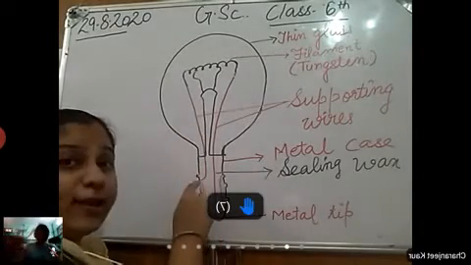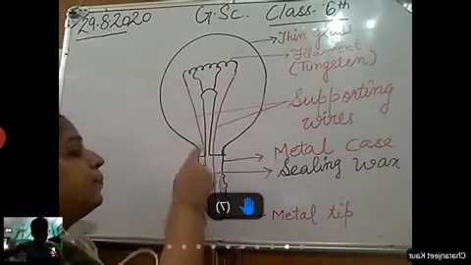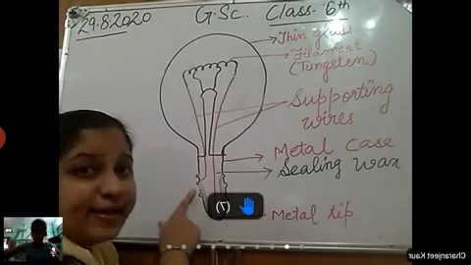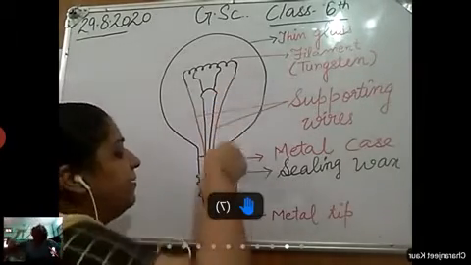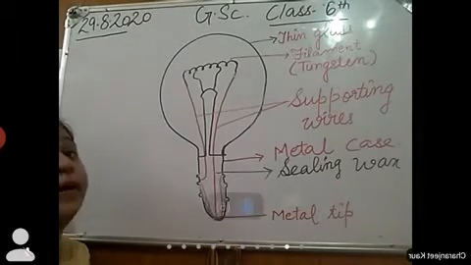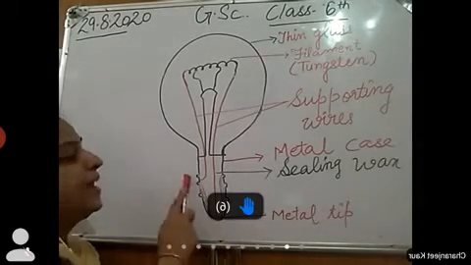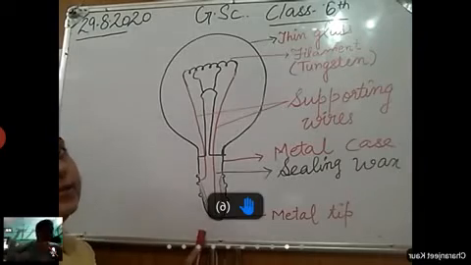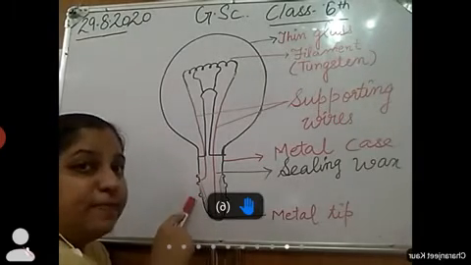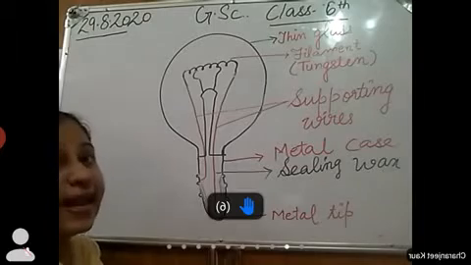These supporting wires, one supporting wire will meet at the metal case and the other will reach the tip at the bottom of the metal base, making it two different terminals. One positive terminal and the other negative terminal.